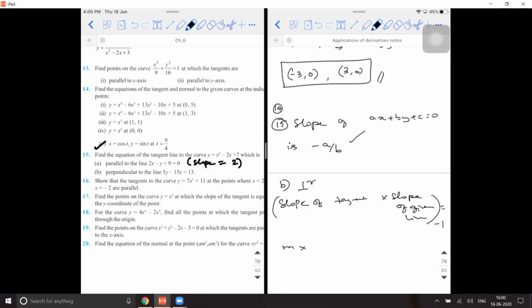Minus a by b. The line is 5y minus 15x, so it is minus 15 divided by minus 5, which is 3. So m will be equal to minus 1 by 3.